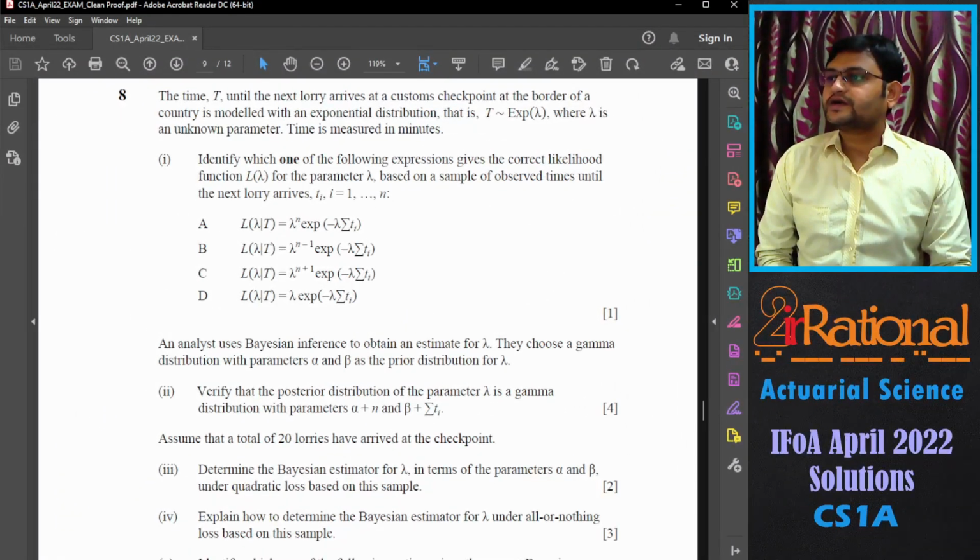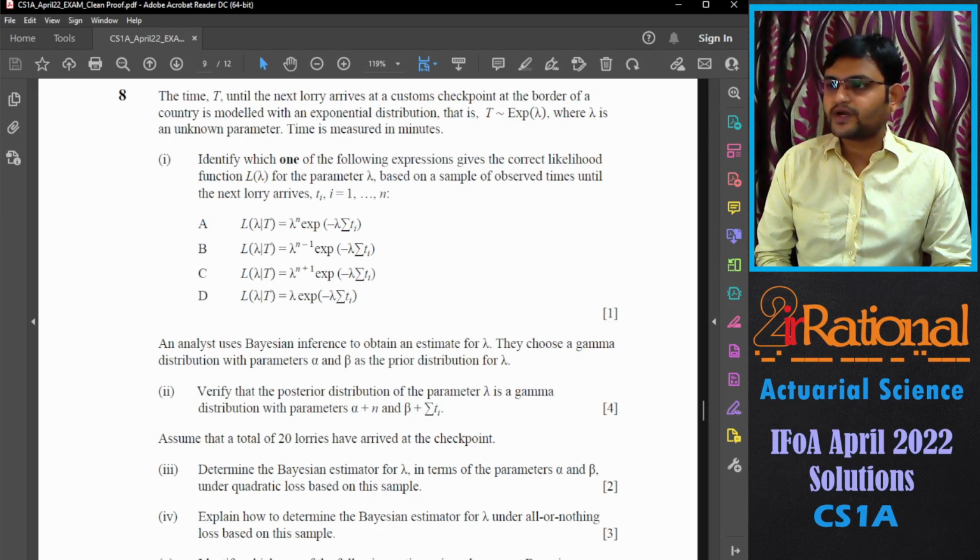Question number 8. The time t until the next lorry arrives at a customs checkpoint at the border of a country is modeled with an exponential distribution, that is, t follows exponential lambda, where lambda is the unknown parameter. The time is measured in minutes.